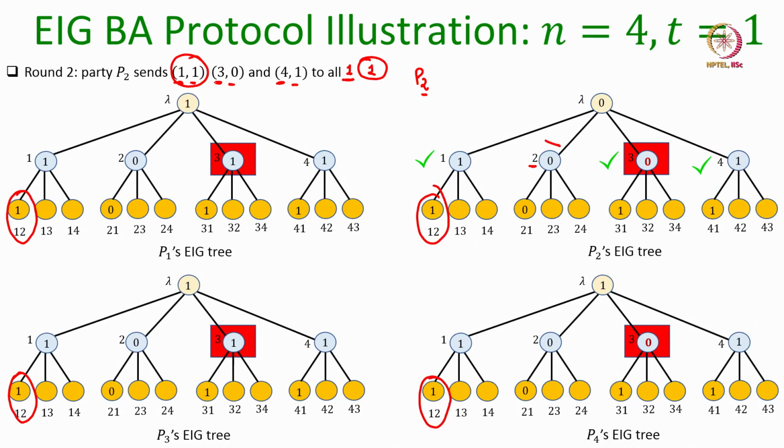In the same way, based on this message, every party will populate the node with label 3 2, because 2 is informing about the node with label 3, and the value that will be assigned will be 0. So, 3 2, right.